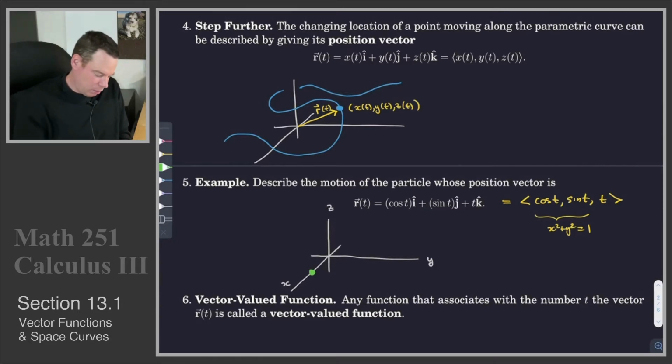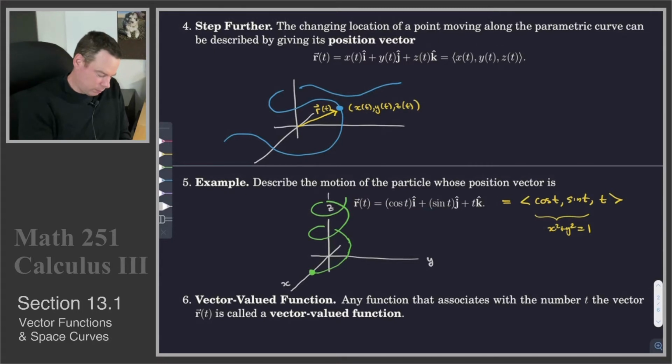But then as t increases, the points start to spiral around the z-axis.